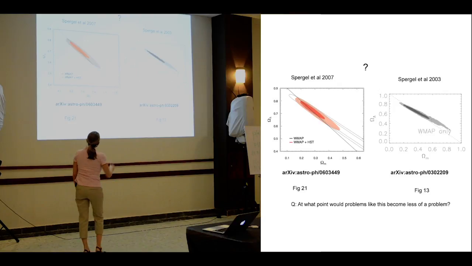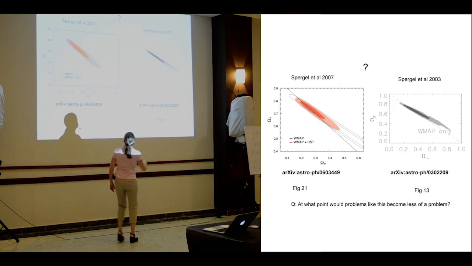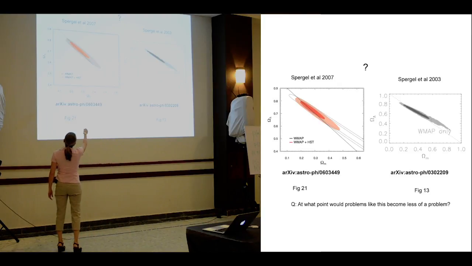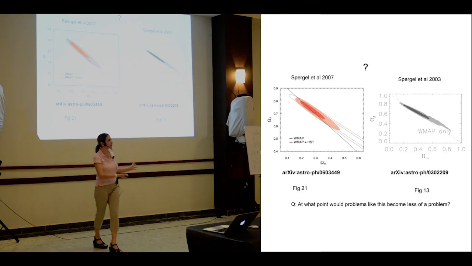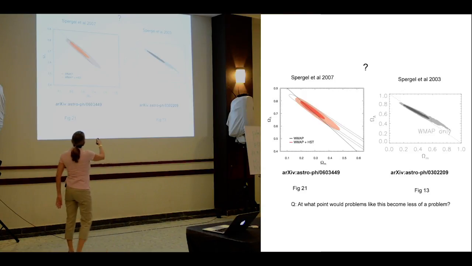Now, that's 0.6, and that's 0.6. Look, the 68% confidence region doesn't close at 0.6, it keeps on going and going and going. While here, at 0.6, the 68% confidence region is not there, it's closed. So how can it be that I added more data, and quite a bit more data? That was 1 year, that was 3 years of observation.